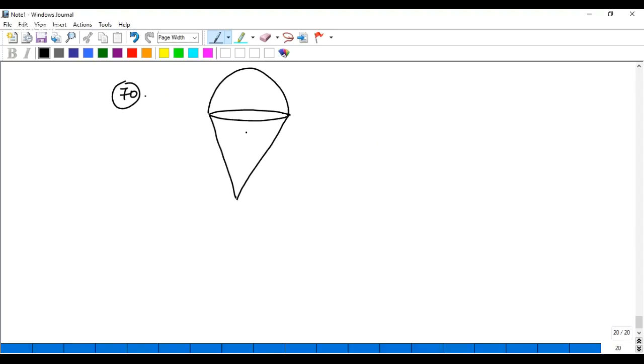Given the height of this hemispherical part is 7 centimeter, the radius here will also be 7 centimeter. And given that the radius here is the same as the height of this conical part, therefore this must also be 7 centimeter. So I know the radius of this hemisphere, so I can find its volume as 2/3 pi r cube.